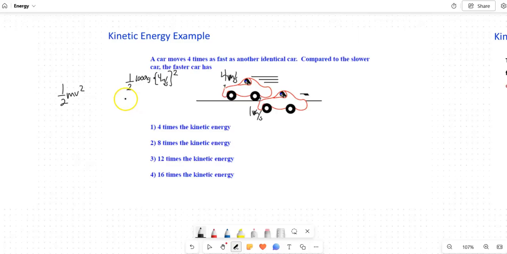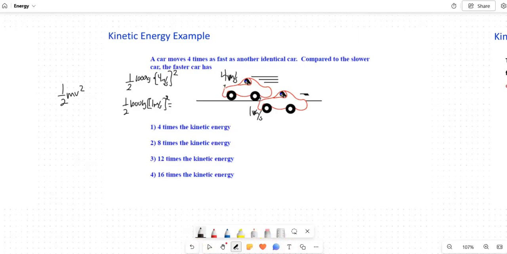The bottom car is going to be 1/2 times 1,000 kilograms times 1 meter per second squared. So let's figure out what each one of those are.